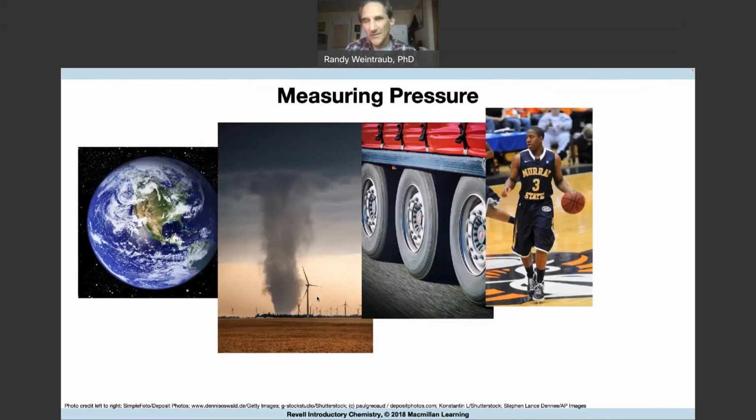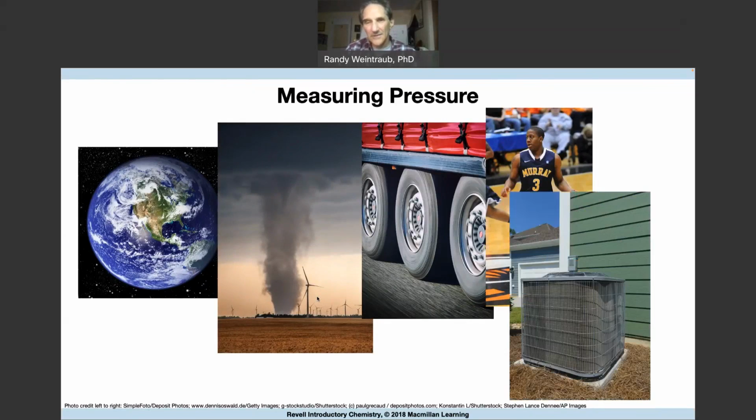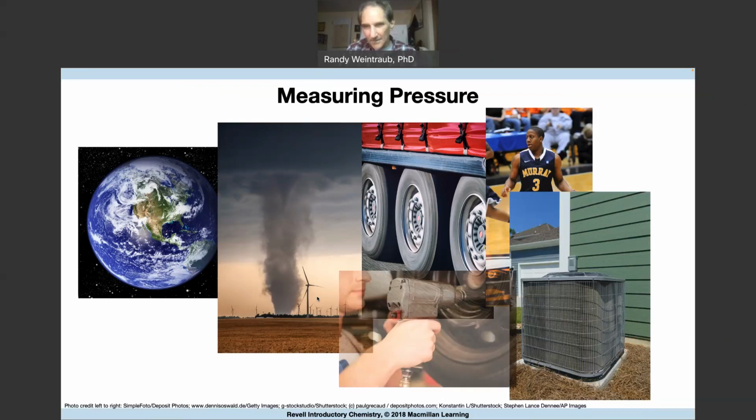The bounce of a basketball is caused by compressed air inside it. Air conditioning systems rely on compression and expansion of gases under different conditions of pressure. And in pneumatic tools, we use compressed air to produce powerful forces.